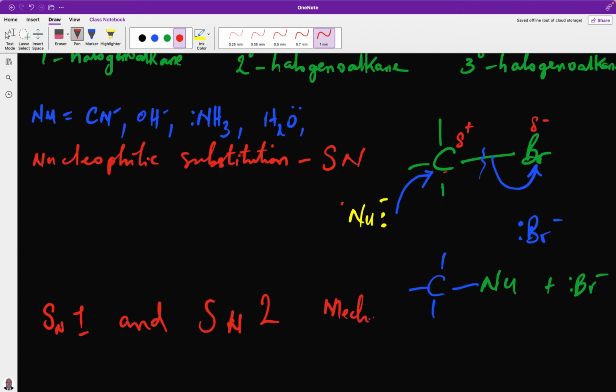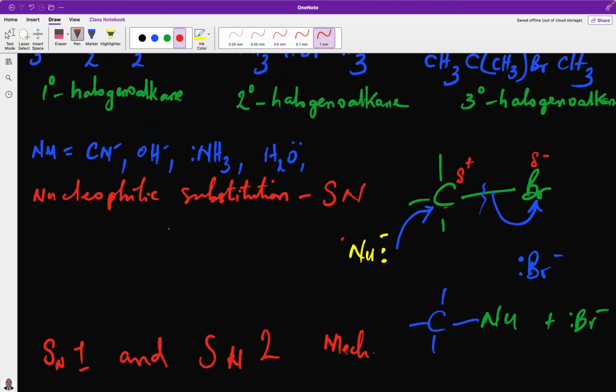What do you understand by an SN1 and SN2 mechanism? These are two different mechanisms. The SN1 mechanism will go depending on the structure of the halogenoalkane. The SN2 mechanism will also go depending on the structure of the halogenoalkane.